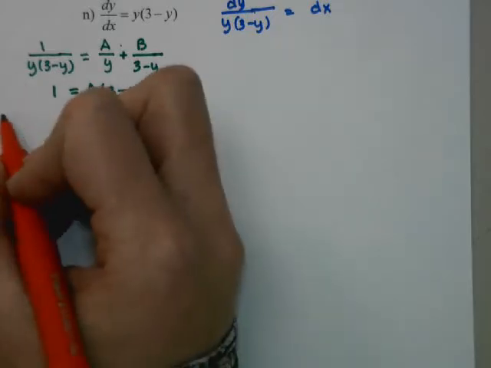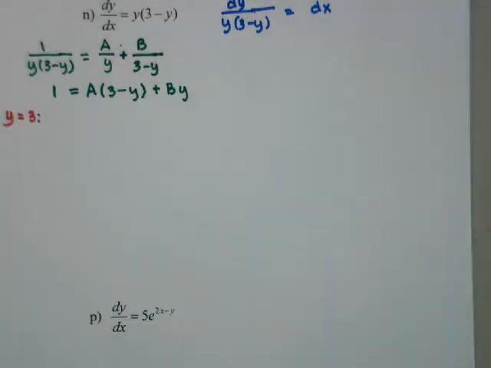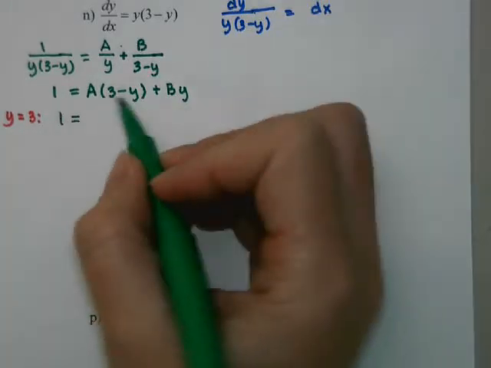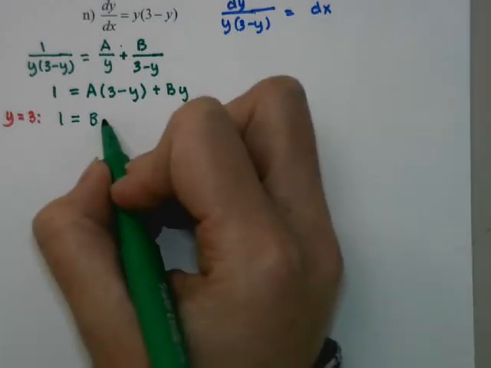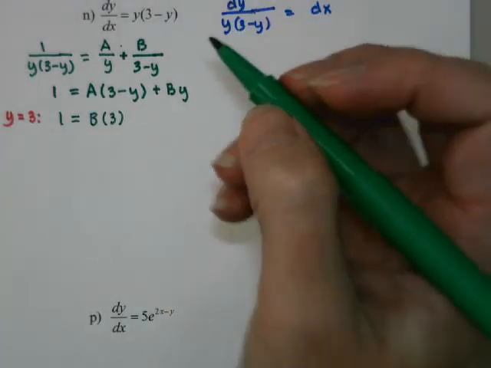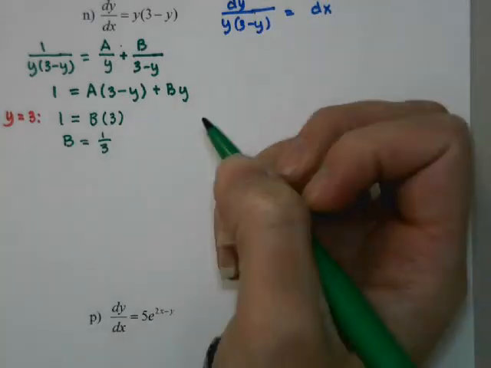So I'm going to start with, let's let y equal 3. Well, why would I do that? Because that means here, that goes away, and I'm just left with b times 3, which means my b is equal to 1/3.